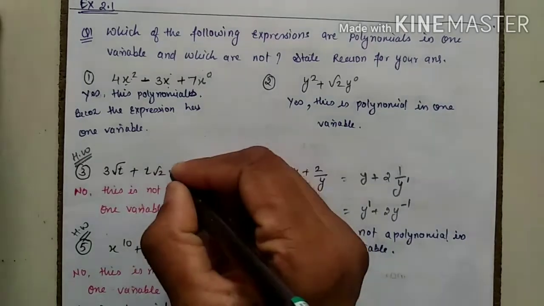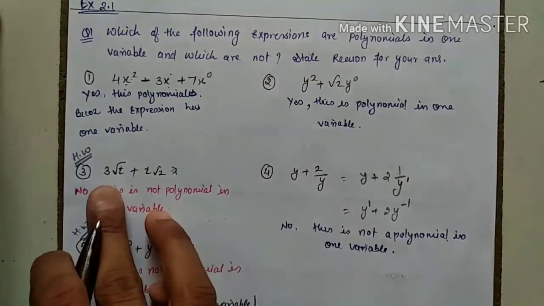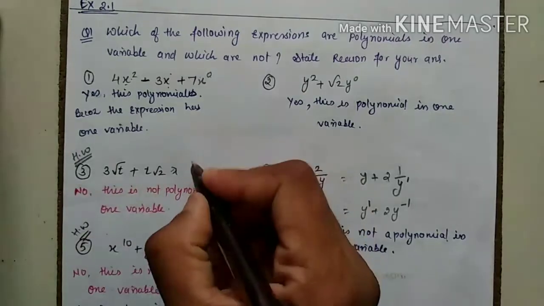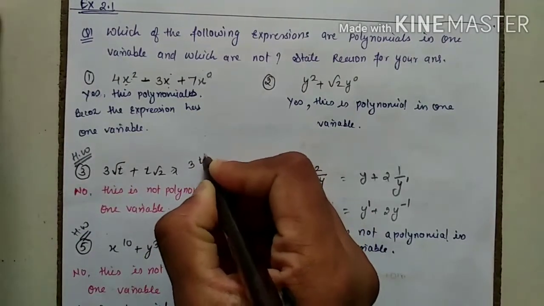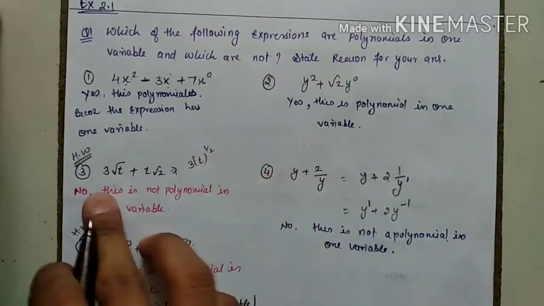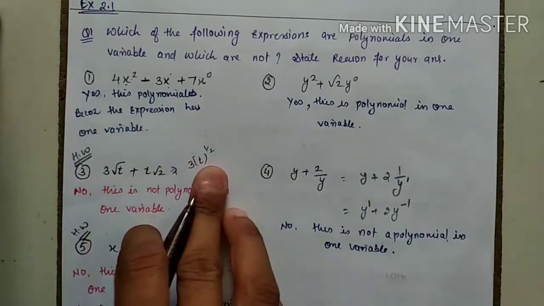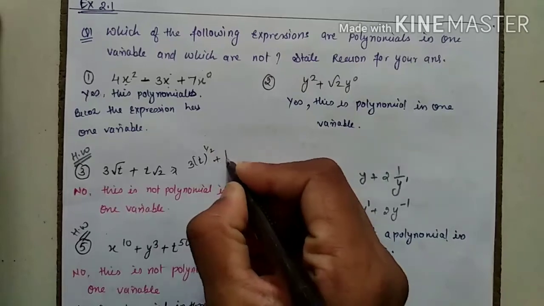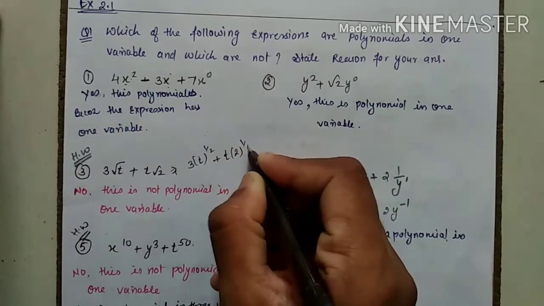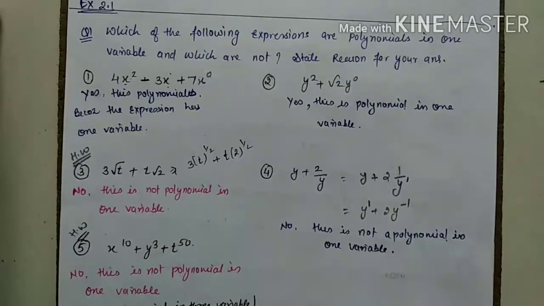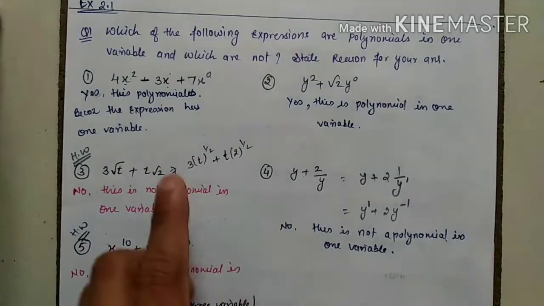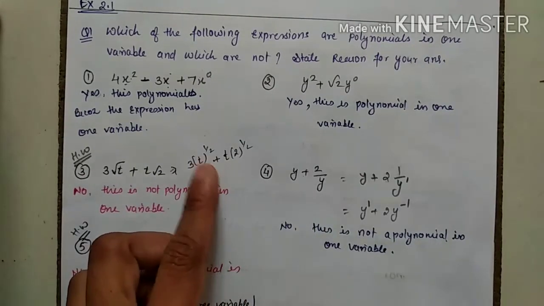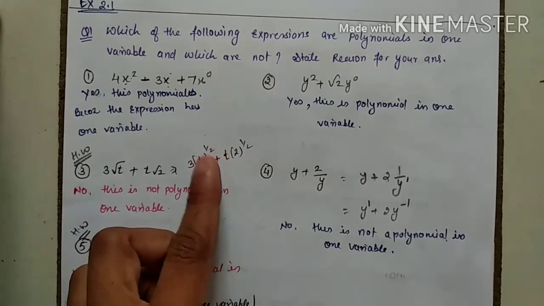Now 3 under root t. If I want to write this equation, I can write it like this: 3t power 1 by 2, because it is under root t. So I can write t power 1 by 2, correct or not? Plus t to the power 1 by 2. This is the way I can write this equation. Now I told you before that the power of a variable should be a whole number.